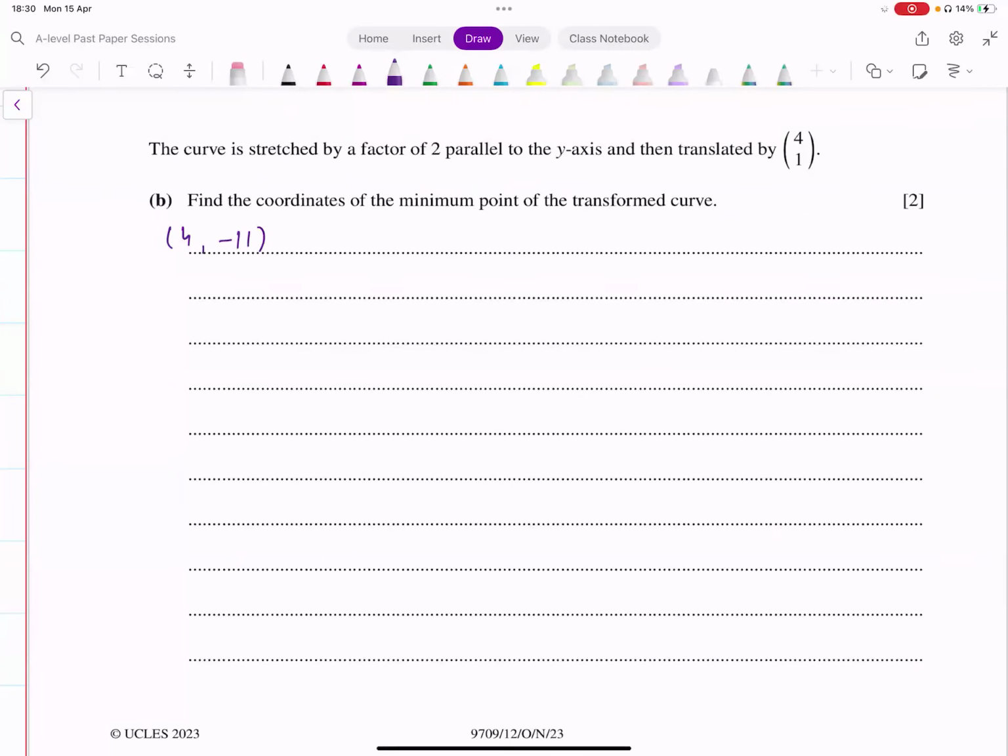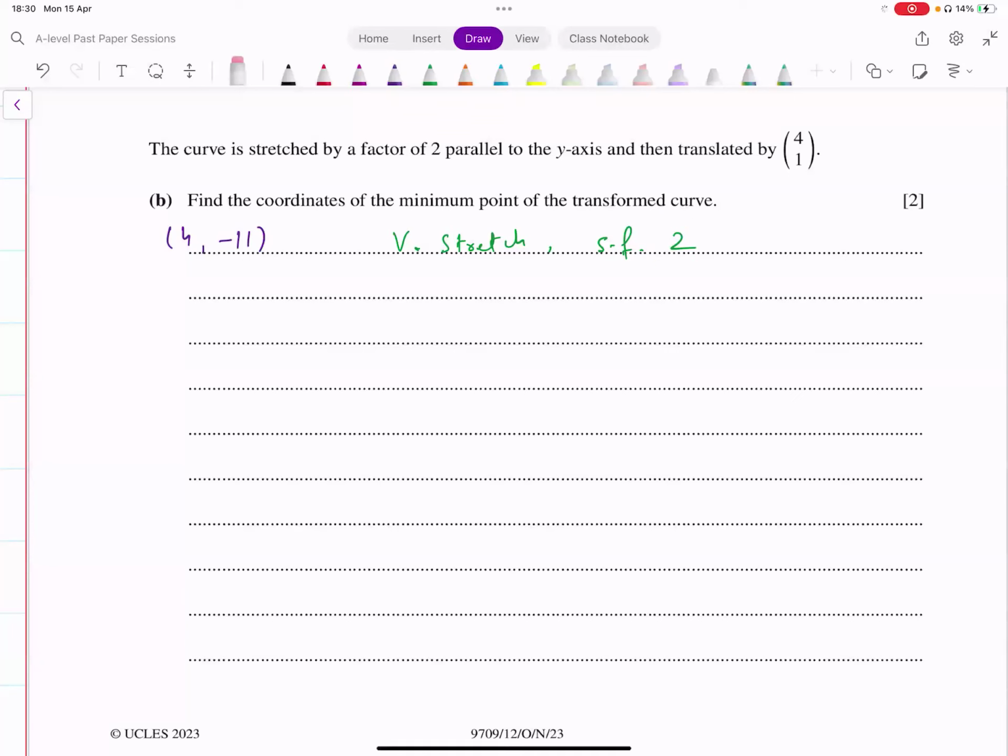Now, what happens with these transformations? Factor of 2 parallel to the y-axis. What does that mean? It's a vertical stretch. So the first thing that happens is a vertical stretch with scale factor 2. What does that mean? Only the y coordinate is going to change. The y coordinate is going to get multiplied by 2.